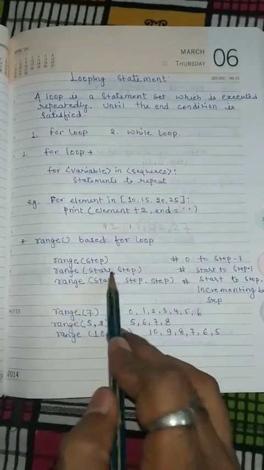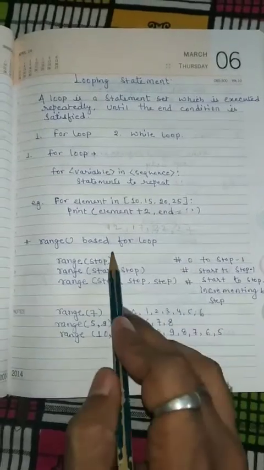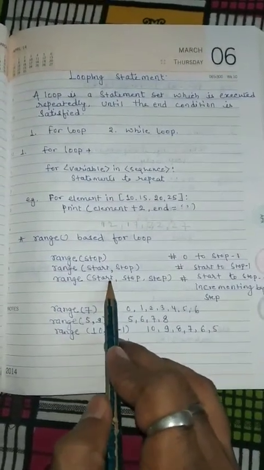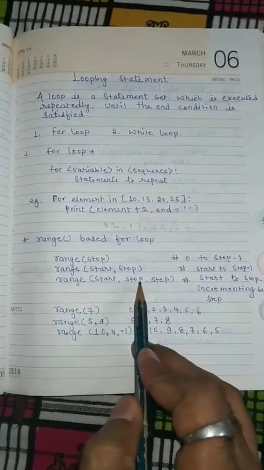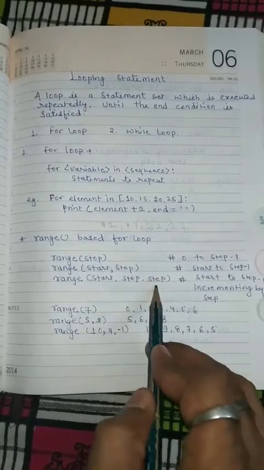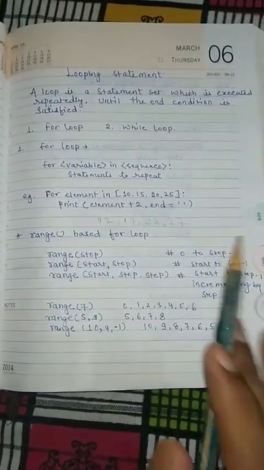The second starts from the starting point and ends at stop minus 1, incrementing by 1 in both cases. And the third starts from the start point and stops at stop minus 1, incrementing according to the step value given.